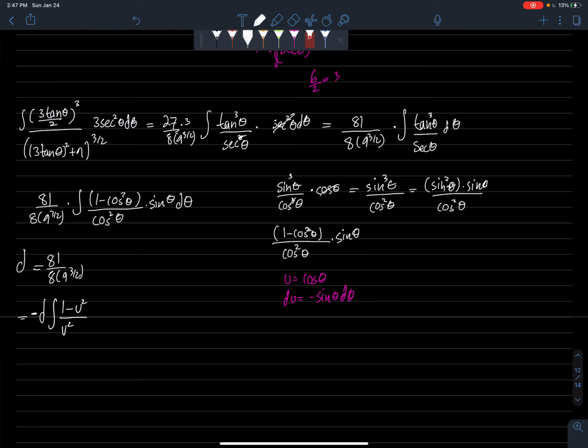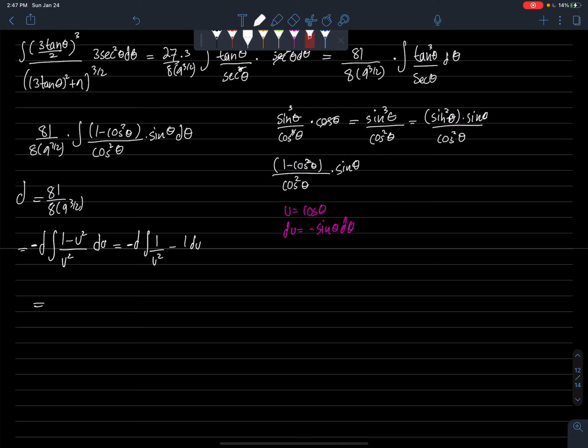So it's going to be a negative D, so du. Now we can easily solve this, right? Because everything is divided by u squared. So it's just going to be negative D times the integral of 1 over u squared minus 1, right? So let's integrate that now.